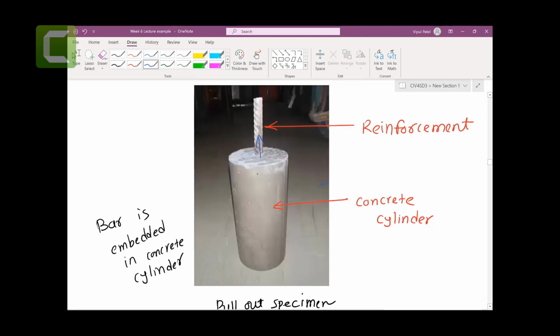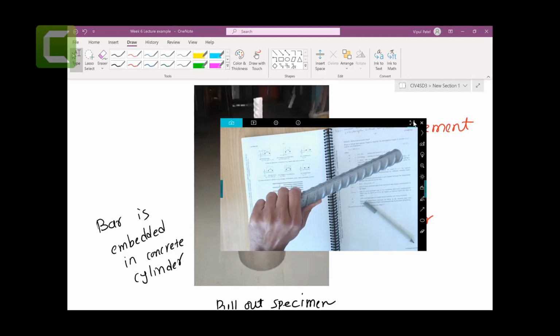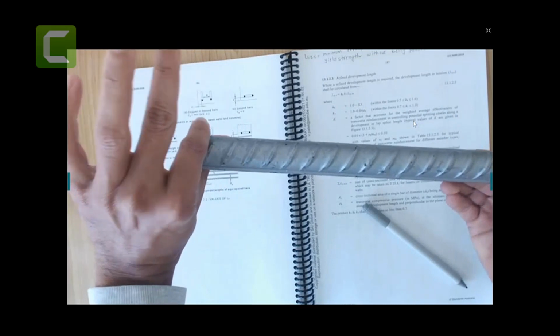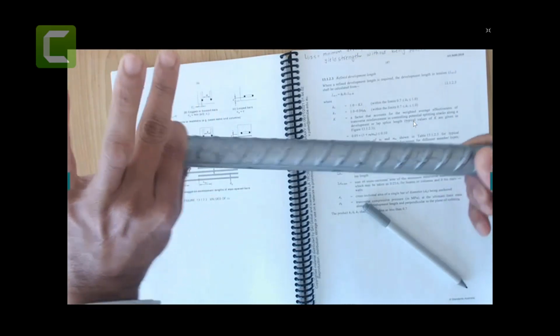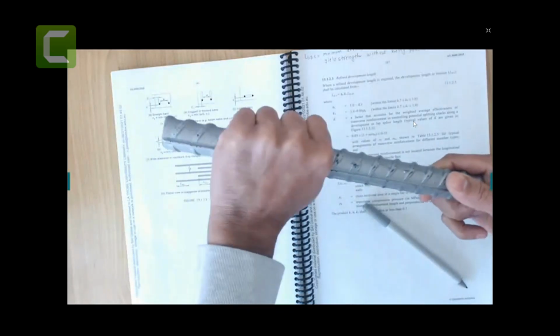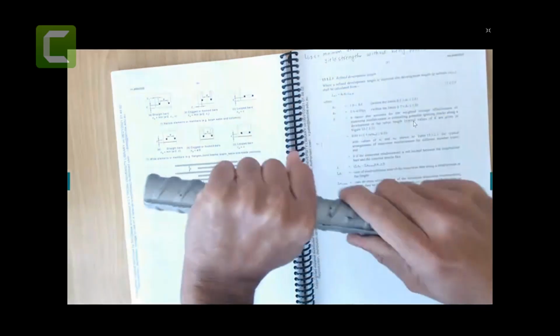Enough length means if you put only this much, look here, you can experience that. If I just hold tiny bits of this with my fingers, it's not enough. I can easily pull it out. But if I provide more gripping like this, it is hard to pull, right? So there is enough, so we can't pull it out.